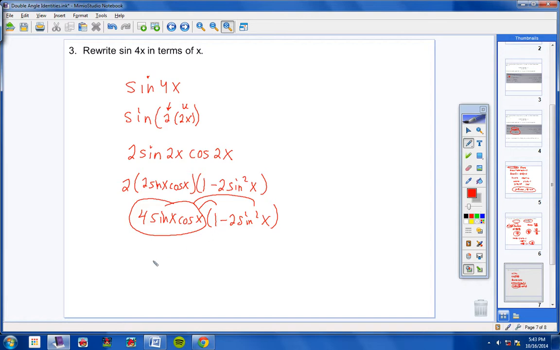So anything times 1 is just itself. So 4 sine x cosine x times 1 is 4 sine x cosine x, and then 4 sine x cosine x times negative 2 sine squared x would be negative 8 sine cubed, because you have sine times sine squared, and then cosine x.